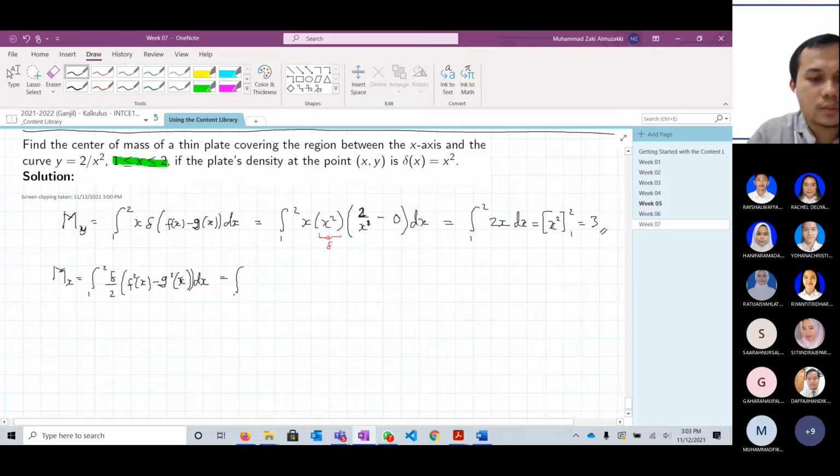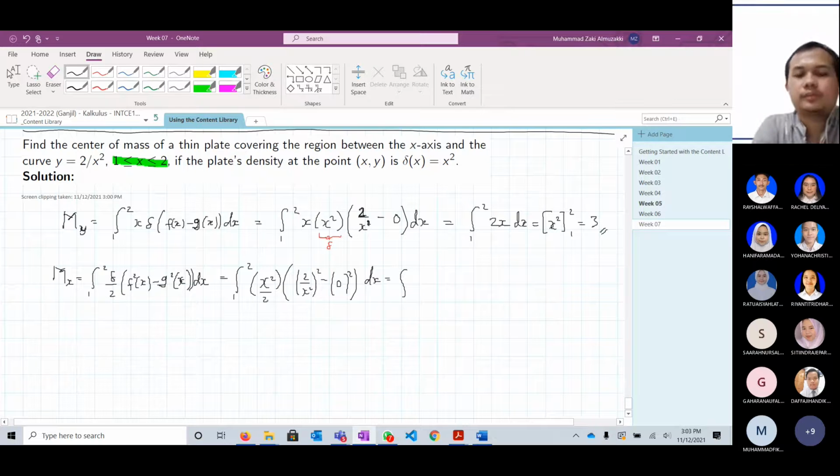We have the integral from 1 to 2, delta is x squared, x squared times (2 over x squared) squared minus 0 squared, dx. So this should be over 2.